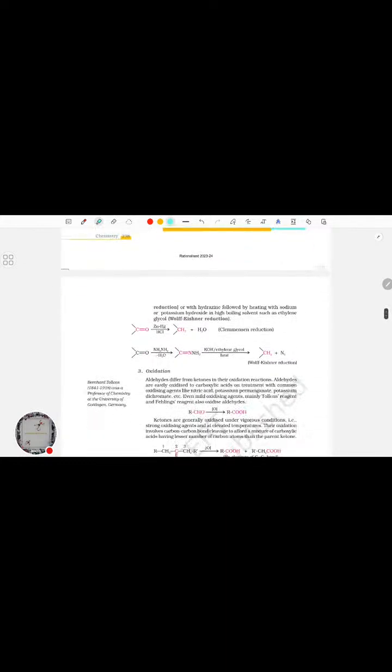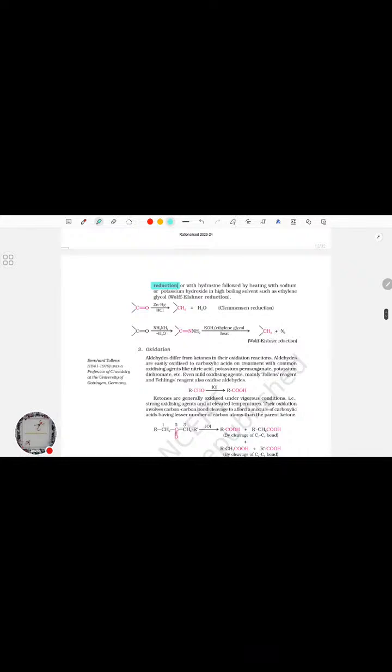This is Clemmensen reduction, or with hydrazine followed by heating with sodium or potassium hydroxide in high boiling solvents such as ethylene glycol. That's Wolff-Kishner reduction.